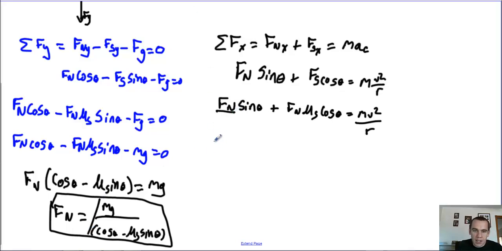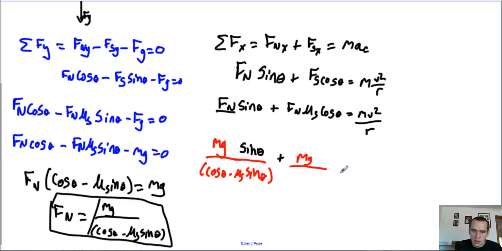So Fn becomes mg over cosine theta minus mu s sine theta times, don't forget that sine theta, that's actually from our original equation, plus, here's Fn again, so mg over cosine theta minus mu s sine theta, and then we've got to remember our mu s cosine theta equals mv squared over r.